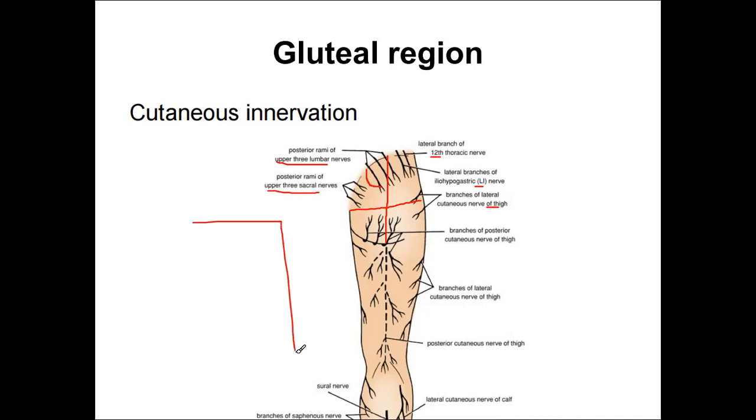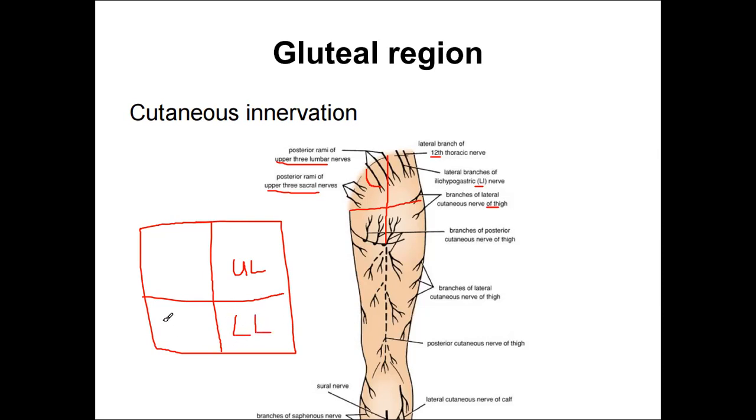So to revise that, let's put it in this way. For the quadrants, we have the upper lateral quadrant, or upper outer quadrant, which is supplied by T12 and L1. Then we have the lower lateral quadrant, which is supplied by the lateral cutaneous nerve of the thigh.